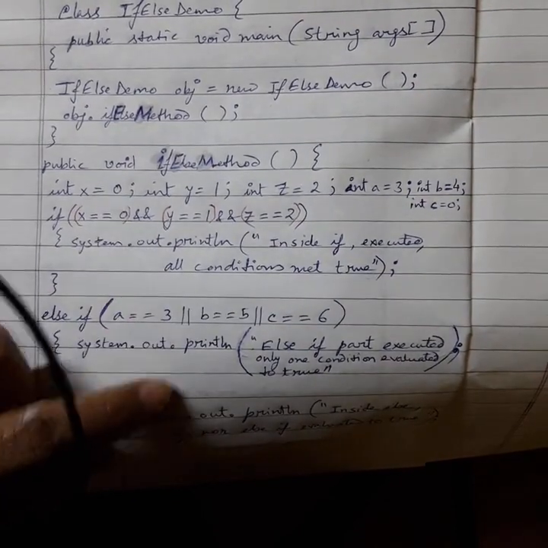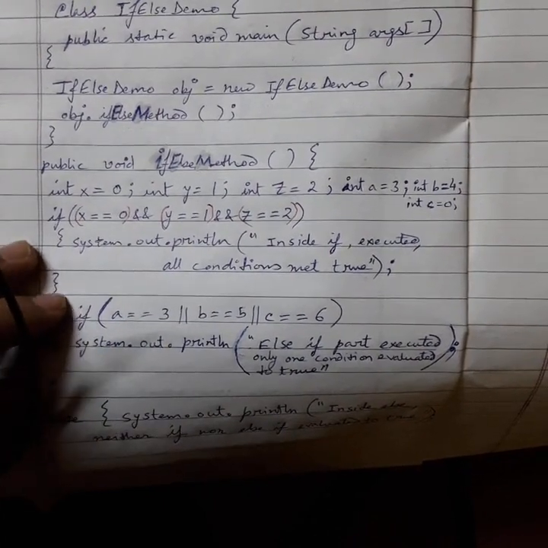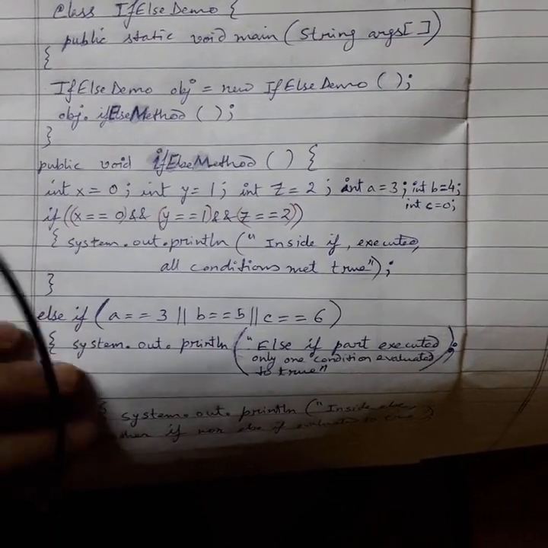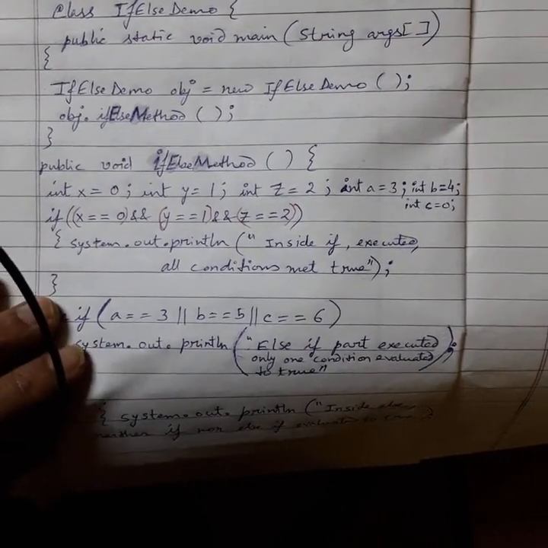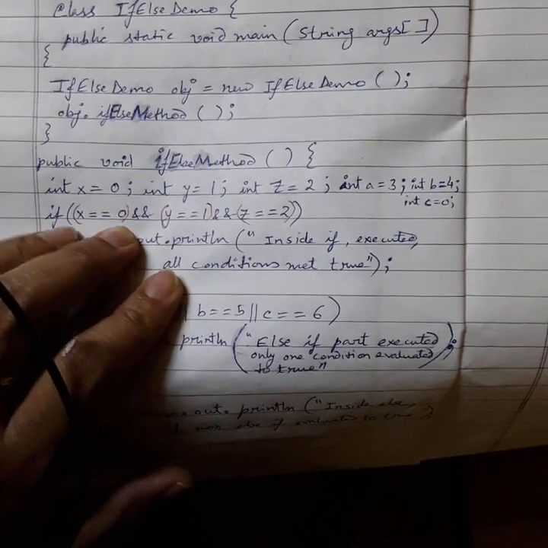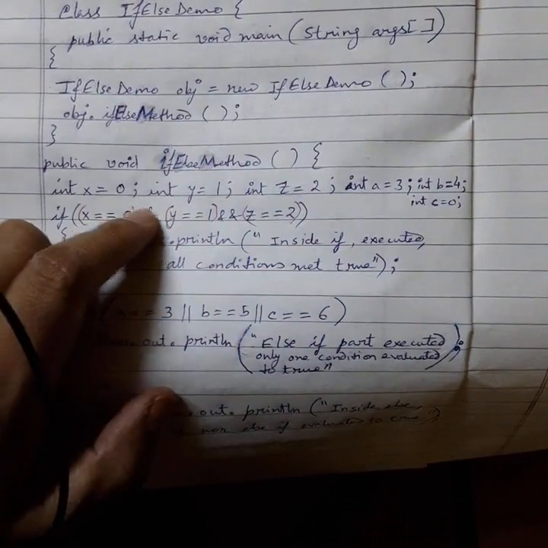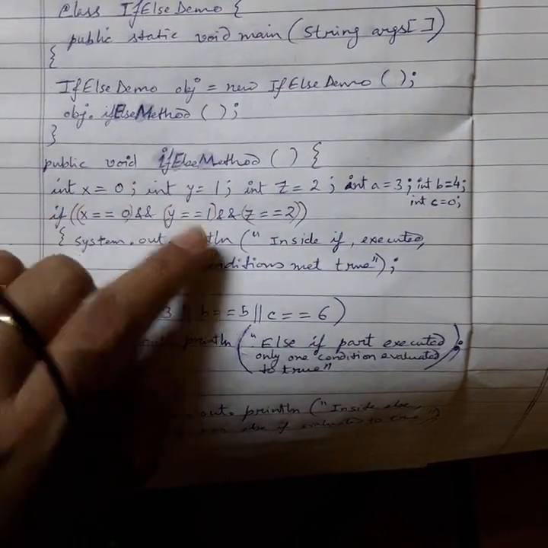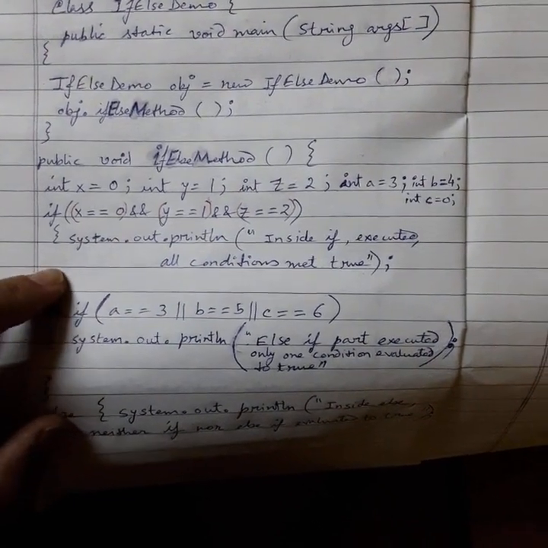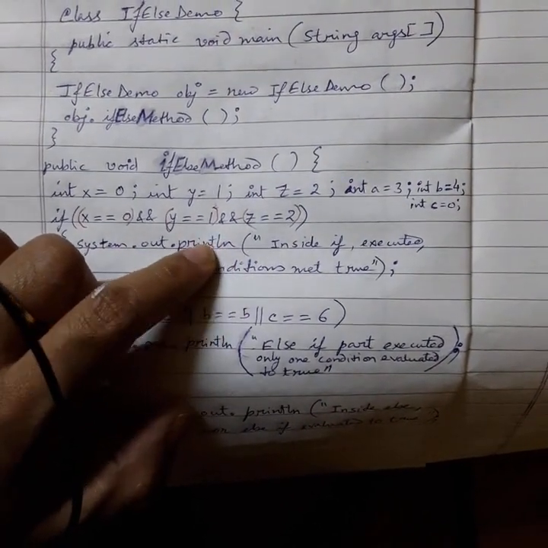Each of them prints different statements to help you distinguish which part is getting executed. So here, since x is indeed 0, y is indeed 1, z is indeed 2, it evaluates to true and this is displayed on screen.